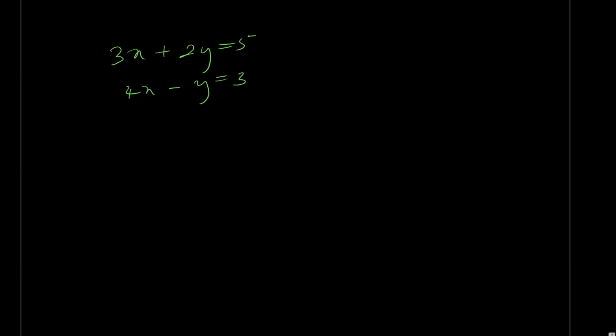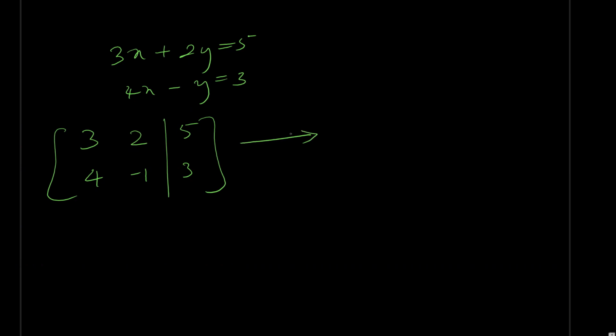Now the augmented system was this: 3, 2, 4, negative 1, augment, either a line or a dotted line, whatever you like. Now, using these row operations, this is how we write it down. You need to get used to this kind of notation. Different textbooks have different notation, but I like to do it like this.